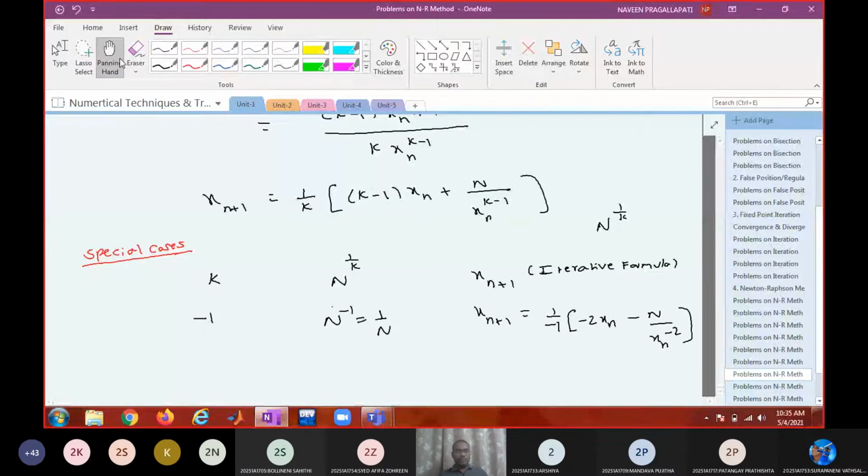Yes, sir. Okay, so this is 2xn plus minus xn square, not minus into minus plus, no. I agree. So here you will get plus only, correct? Because k is here. So 2xn minus n into xn square, correct?